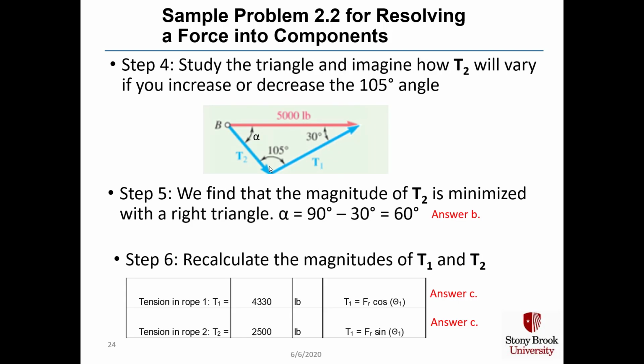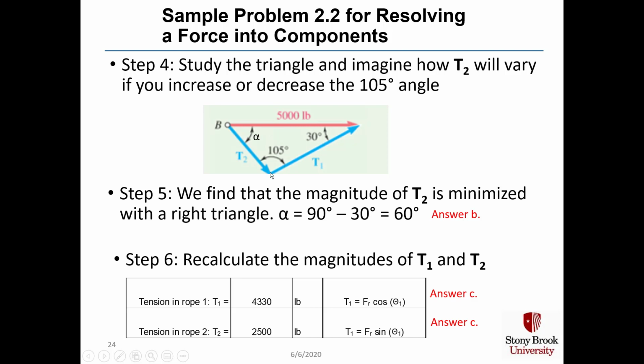In step 4, we study the triangle and we imagine how T2 will vary if you increase or decrease this 105-degree angle. Well, let's study T2 and imagine what happens if we increase this 105-degree angle.